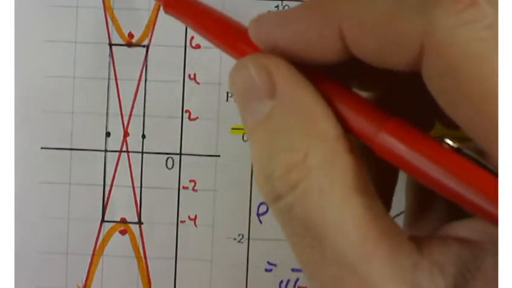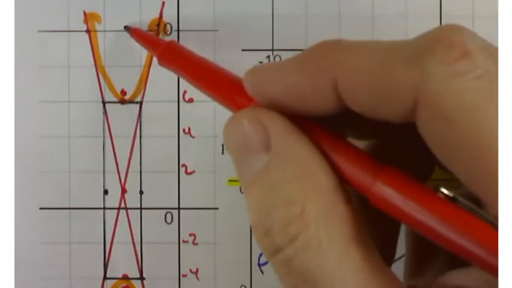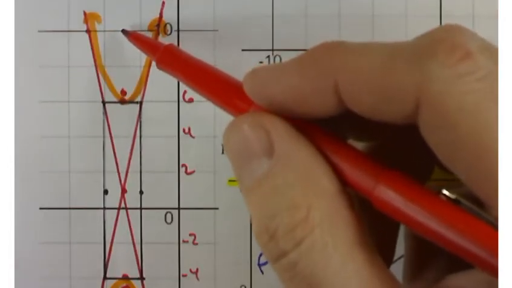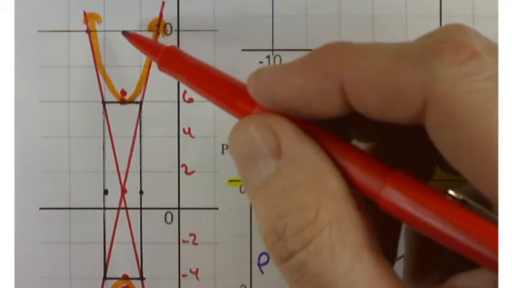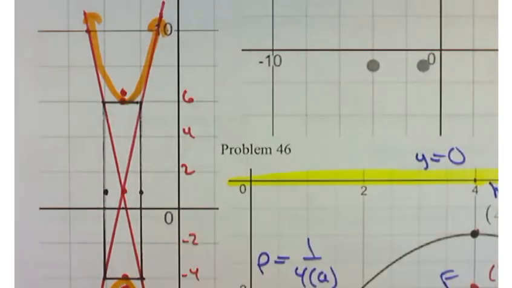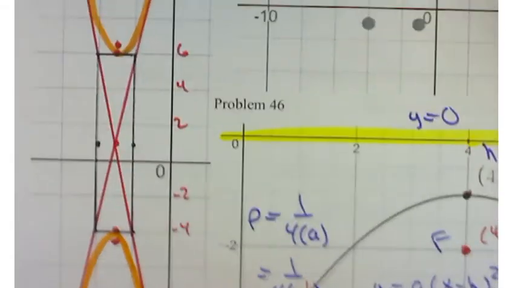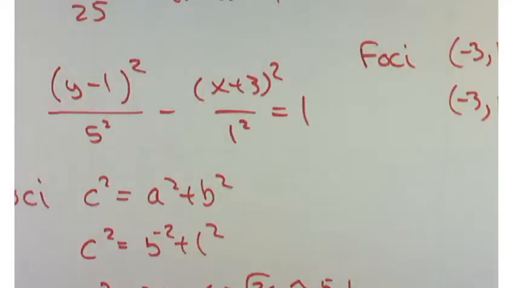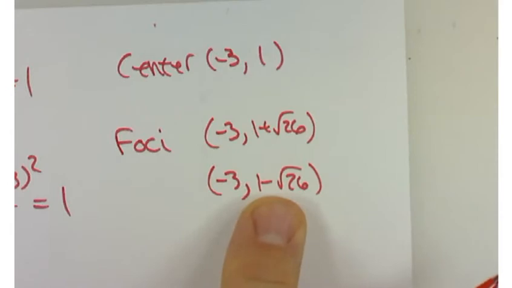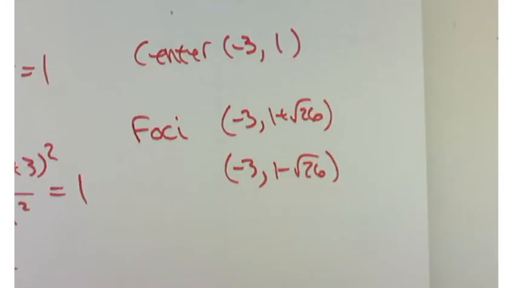If you're drawing the foci up here, then you're pretty far off. So it's just to give you an approximate of where to put it. If all I asked you for was where are the foci, this is all you need to write. So the approximation is just for our own benefit.